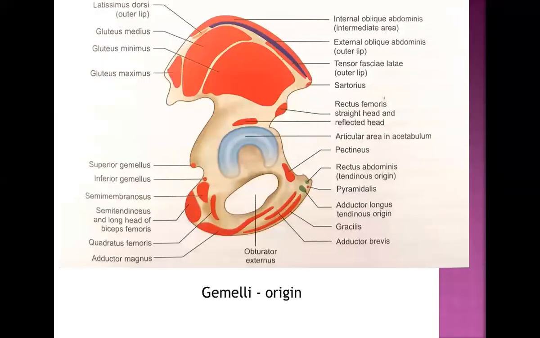What about the origin of the superior and inferior gemelli? Superior gemellus and inferior gemellus, where do they originate from? It's given in this diagram. You can type the answer.